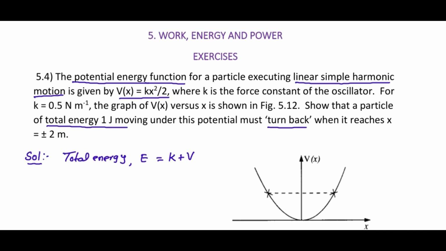Here, kinetic energy is nothing but half mv square, which depends upon the velocity of harmonic oscillator, and potential energy is half kx square, where k is the force constant, and x is the displacement from mean position.